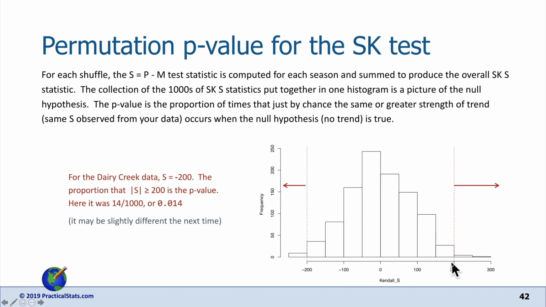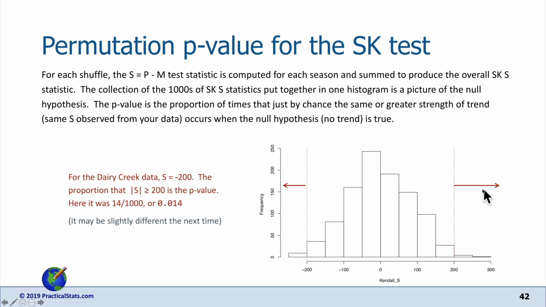And then you ask the question, which is the basic question in statistical testing, how likely is it to get the value that I got from my data, in this case, minus 200, when the null hypothesis is true? And it's just the number of times, so it's easy to count. The number of times you get a minus 200, that's this dashed red line, or something more extreme, so more negative, plus the number of times you get a positive 200, so same magnitude of trend, but now an uptrend, or something more extreme, so more positive.